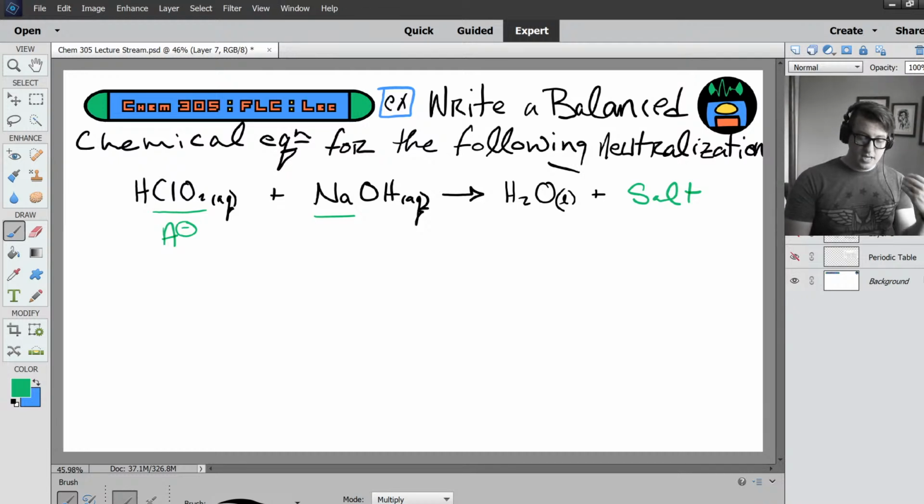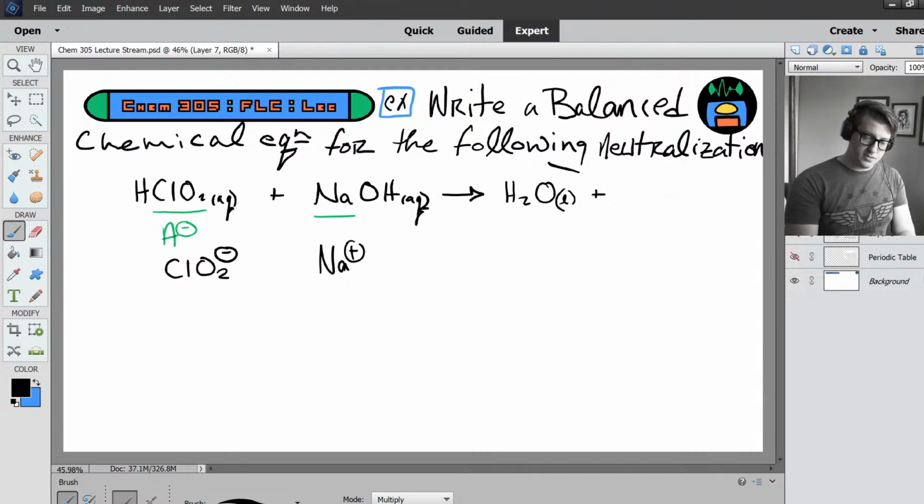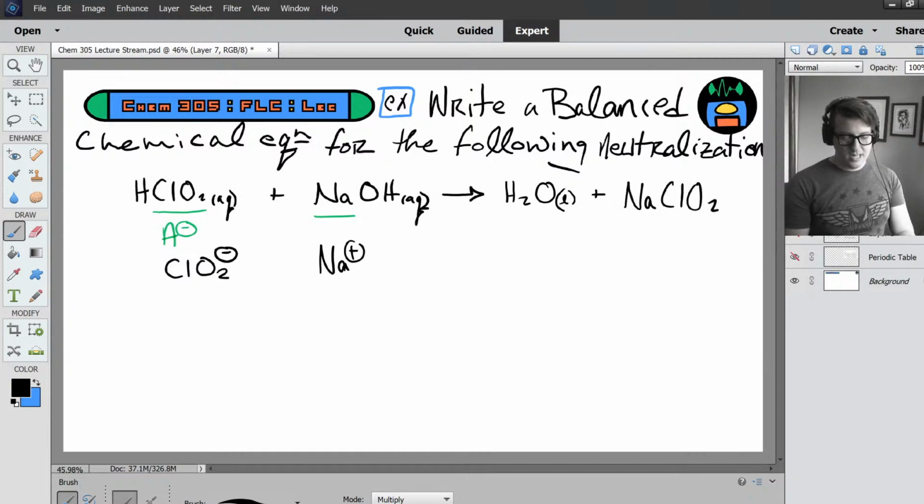We just have to look at what our acid will turn into once it donates a proton. Once it donates a proton, it'll have one less hydrogen, and after it loses that positive charge, it'll have a negative charge left behind. So our salt will have a cation that is positive sodium, an anion that is ClO2 minus. So that means the identity of that salt is NaClO2.